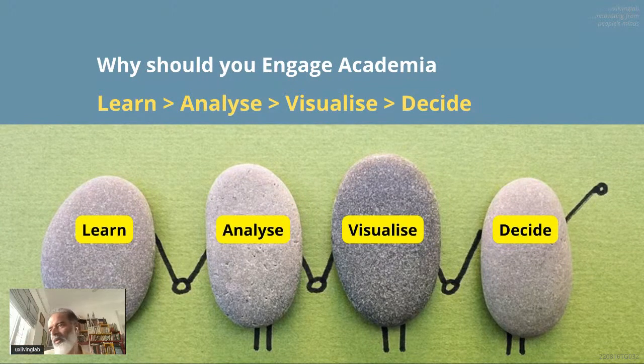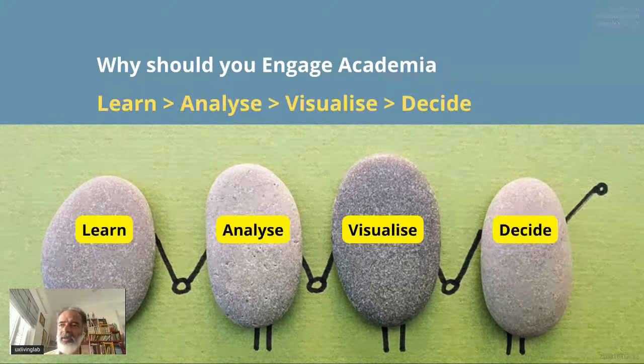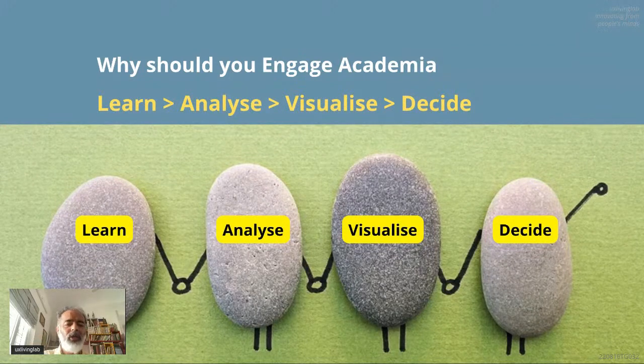That is another question. If I say that they can't decide, and they can't give suggestions or their suggestions are substandard, so why should we engage? Actually, when you take a decision, this is the process. When there is a problem, what is the first step? You have to learn about the problem, then analyze the problem from different perspectives, then visualize for the future, then decide.